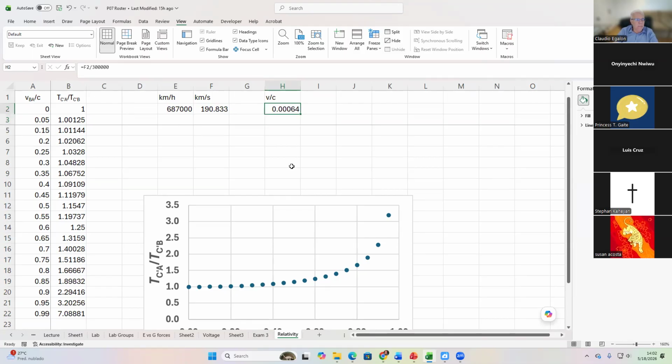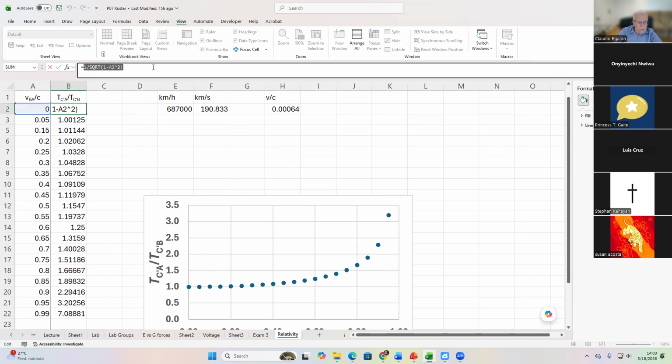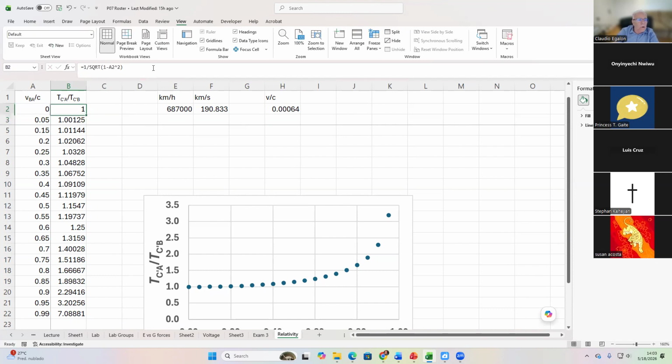And let's calculate the amount. Here you go. I can use exactly this equation right in here.